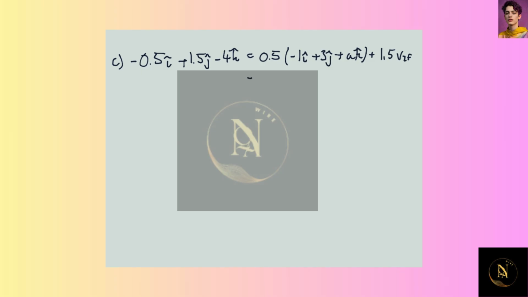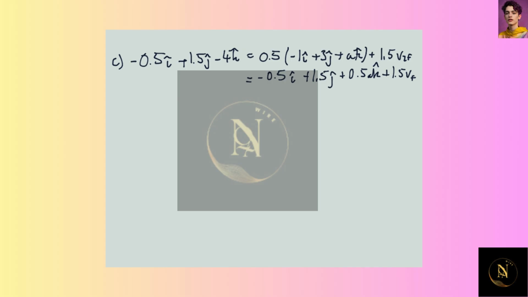So I'll expand the parentheses here. We end up with negative 0.5i hat and positive 1.5j hat and 0.5a k hat plus 1.5 VF.